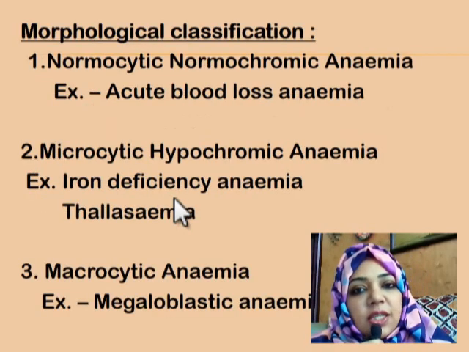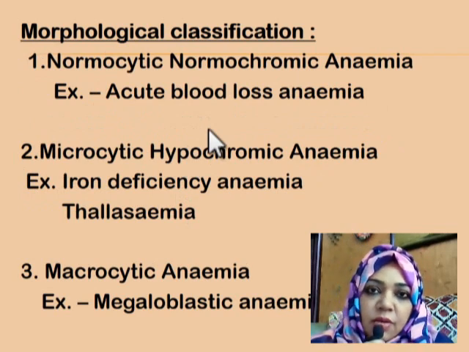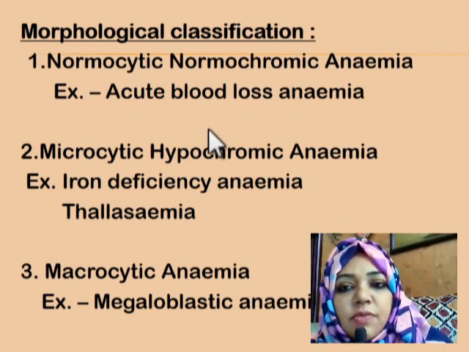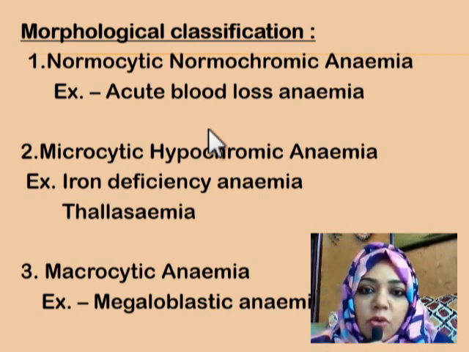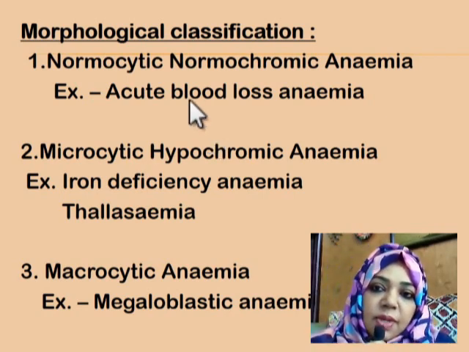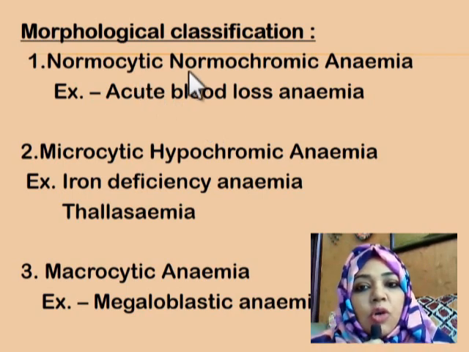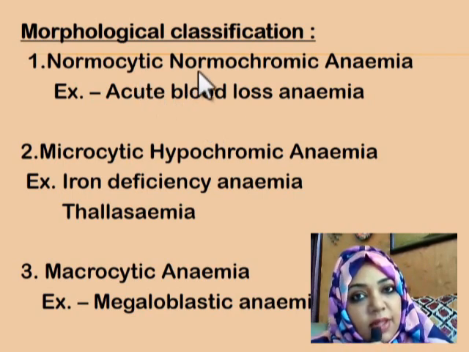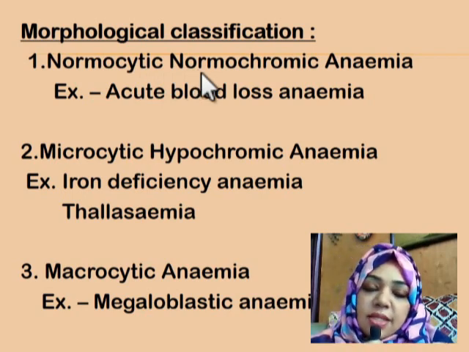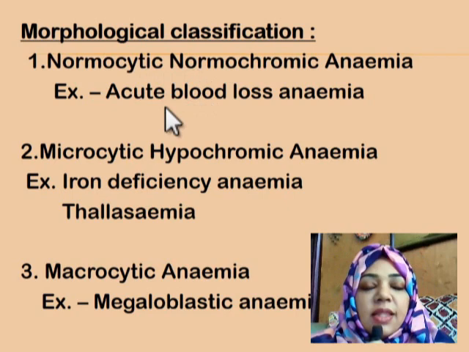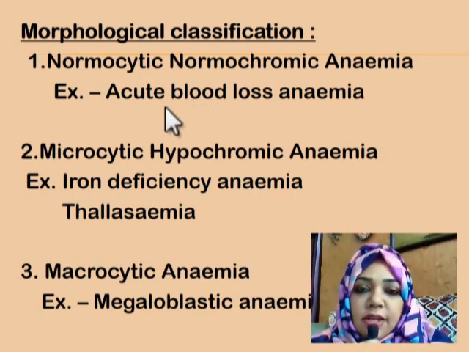Now the morphological classification of anemia, which is based on the red cell indices. First, we have normocytic normochromic anemia. This means the cell size is normal, normocytic, and normochromic. The hemoglobin level is normal, but we are saying anemia. So why are we saying anemia? Because there is quantitative deficiency.